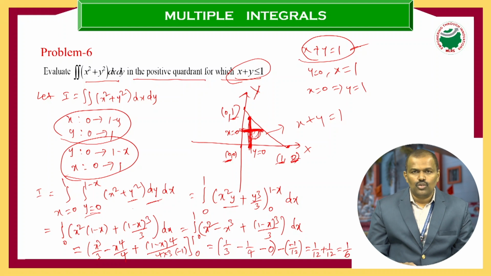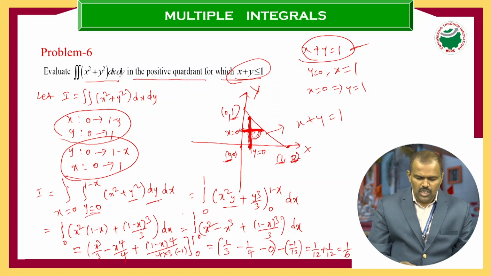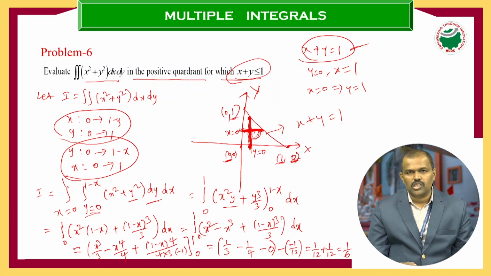Limits 0 to 1. So here when I apply the upper minus lower limits, upper limit gives 1 by 3 minus 1 by 4. And when I substitute 1, 1 minus 1, it's 0. This is upper limit. Minus lower limit is 0. When I substitute x as 0, first term 0, second term 0, and third term is 1 minus 0 power 4, 1 power 4 by minus 12.